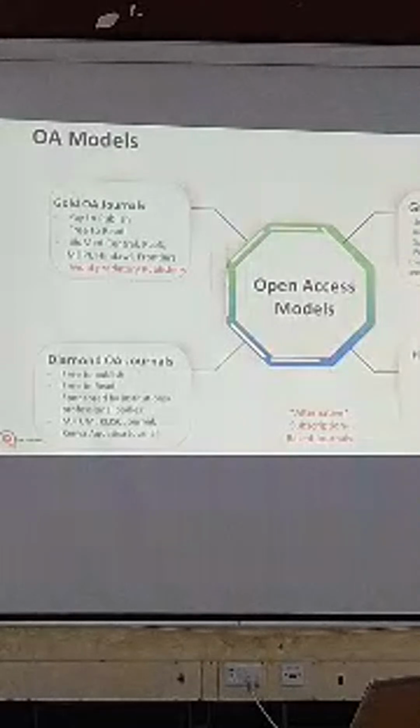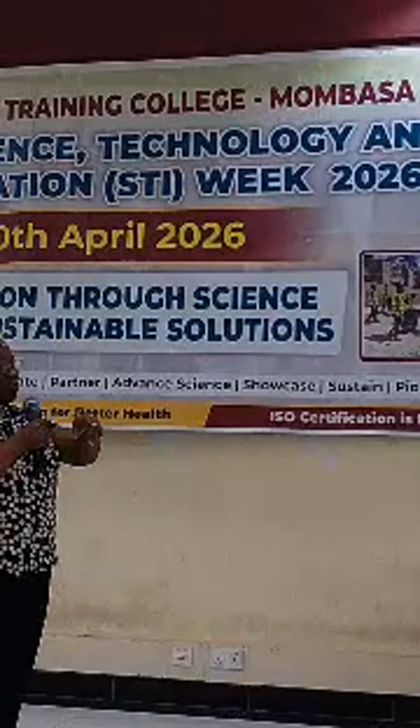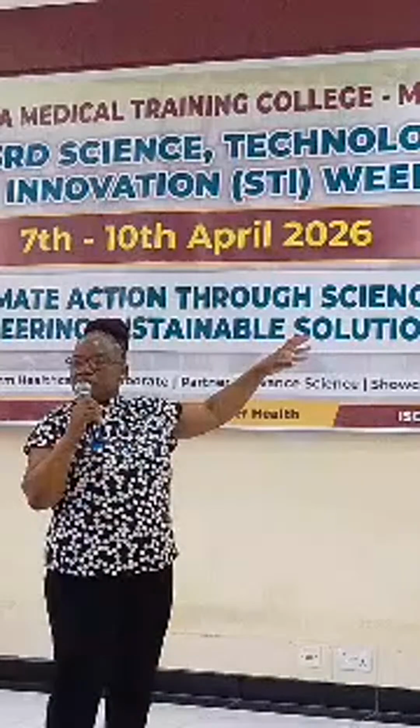But in that full open access, that is where also the predatory publishers operate from. They operate in the same space. So as you are there, you need to be able to sieve out which is good and which one is predatory. I think I will have a slide on how to differentiate, the procedure that you can follow to identify predatory.